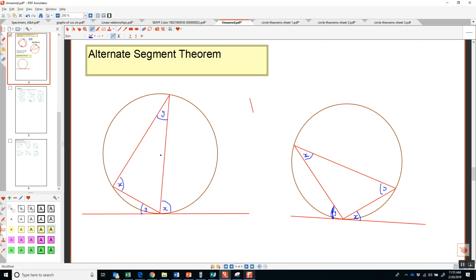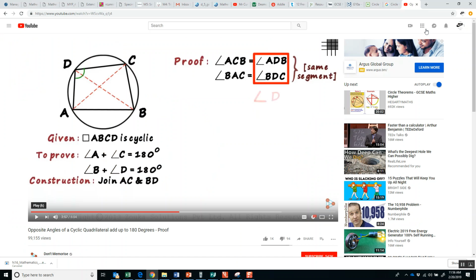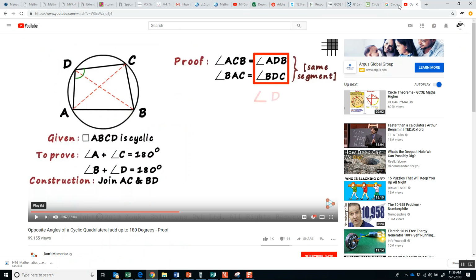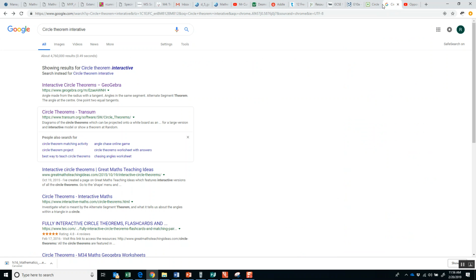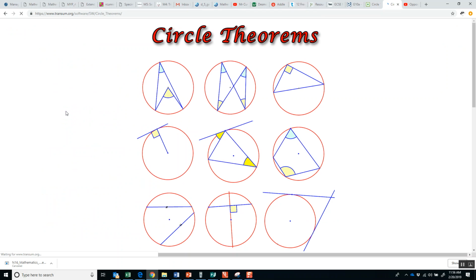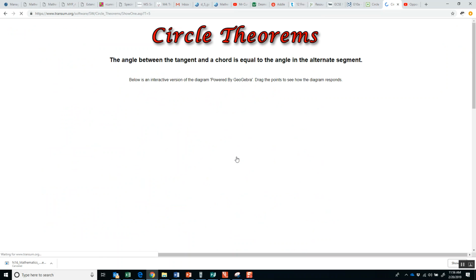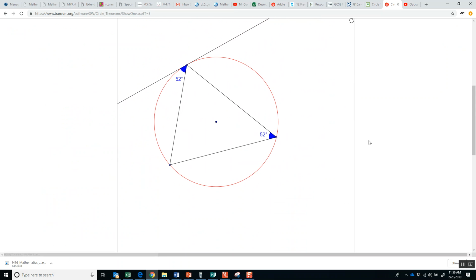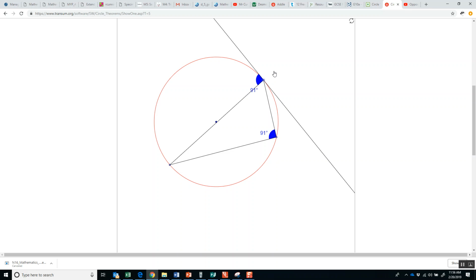This will be easier to see when I bring it up on the screen. So here it is. It doesn't matter where your tangent is, okay?